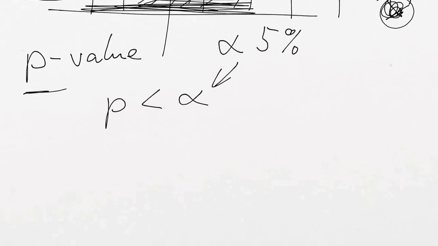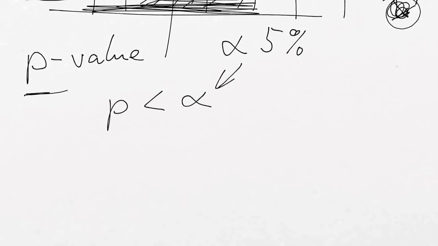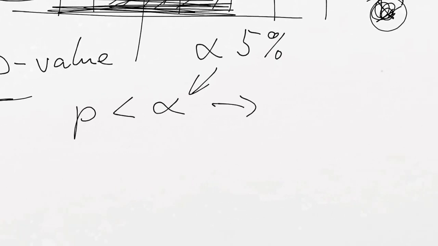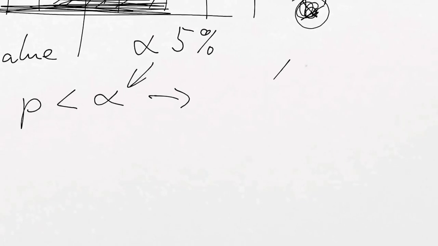So if this p value is smaller than this alpha, and alpha very often is set at 5%, I have to boot out my null hypothesis. The null hypothesis is there's no difference.